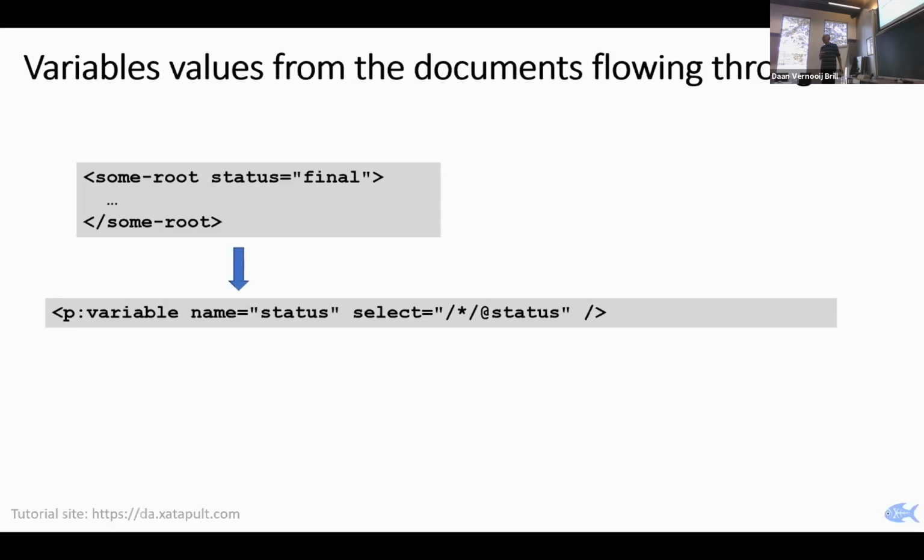Actually, that's really simple, because you just say, I have a variable, I name it status, and I select /*/@status, or /some-root/@status, from it. So what actually happens, a variable sees the document that's flowing through it and can extract values from it, which is a useful trait.